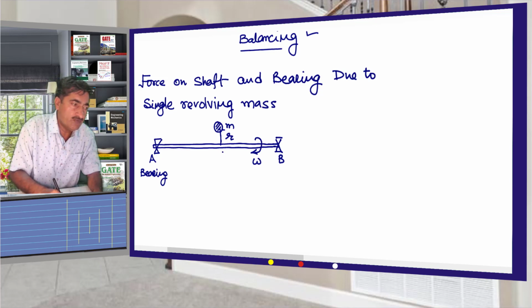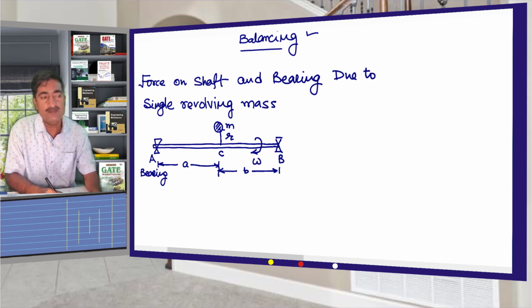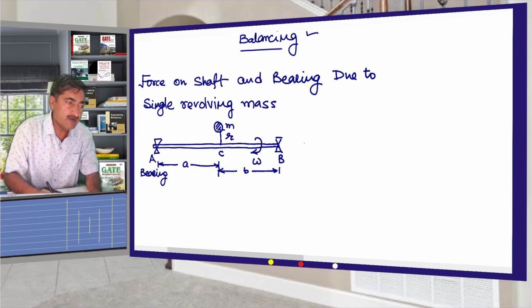The distance of this mass is a from bearing A, and b from bearing B.